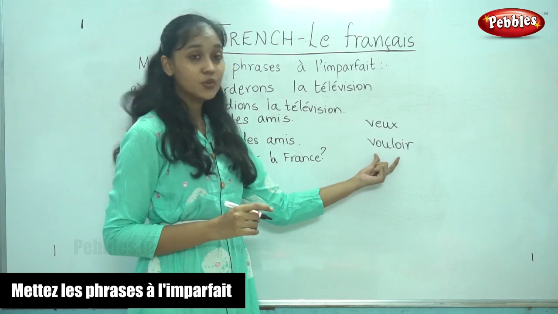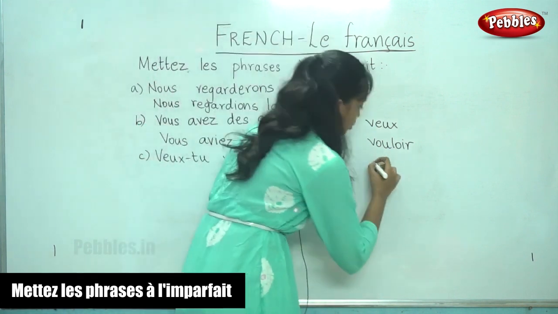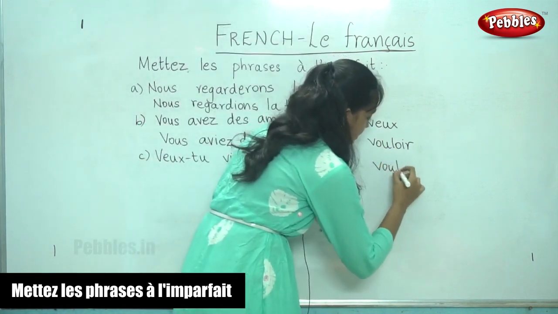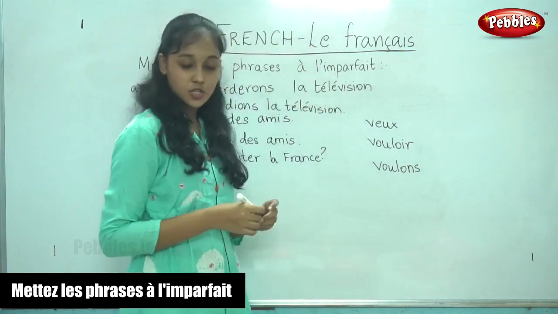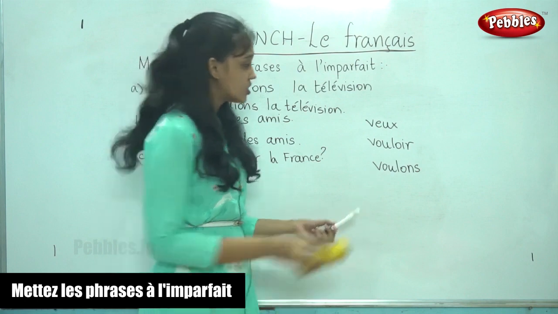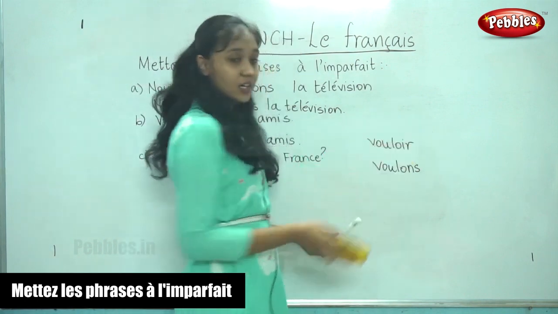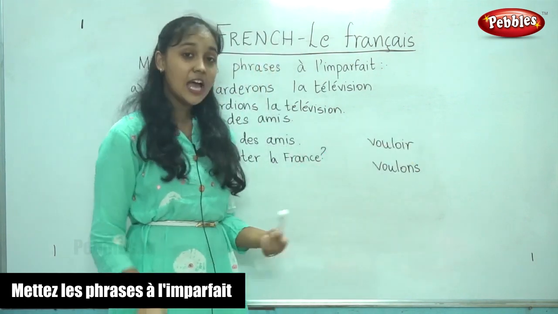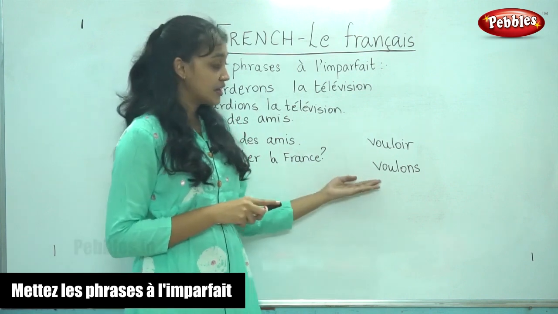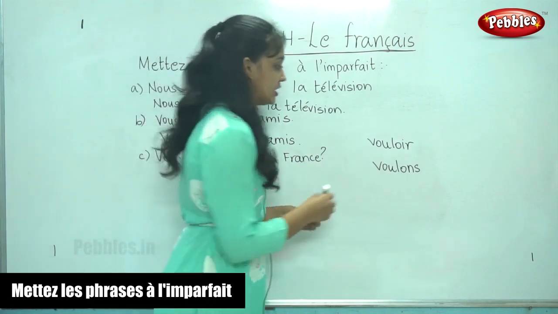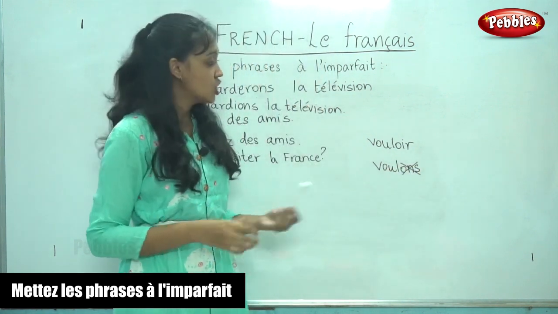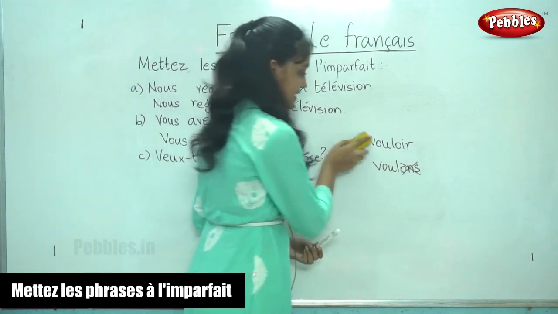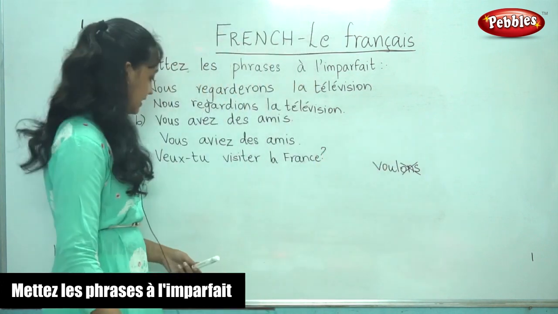Now when you write this in the nous conjugation, it is voulons. So why are we writing it in the nous conjugation? We want to find out the stem, and we find the stem by writing it in the nous conjugation and removing ons. So we remove ons and add our endings.